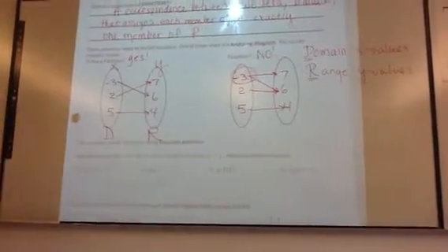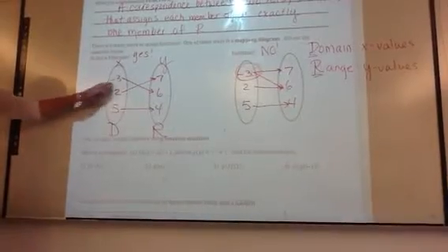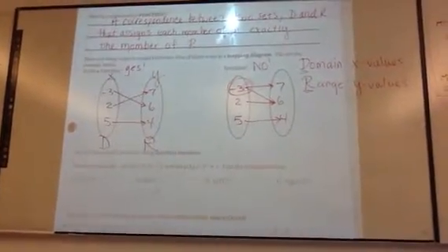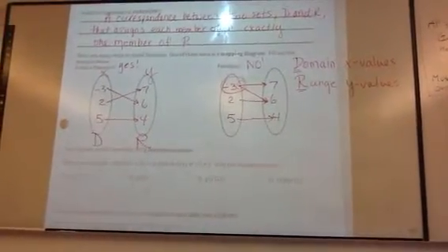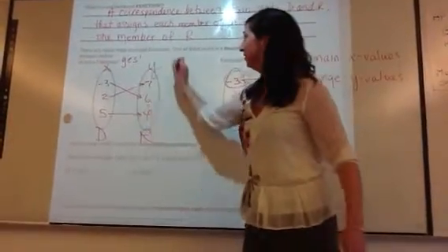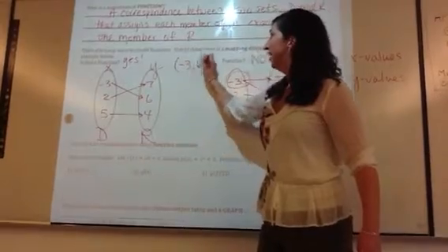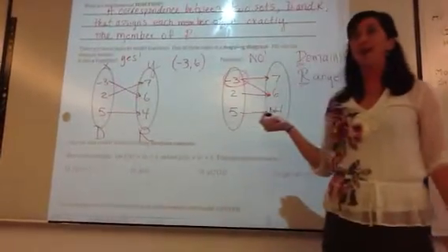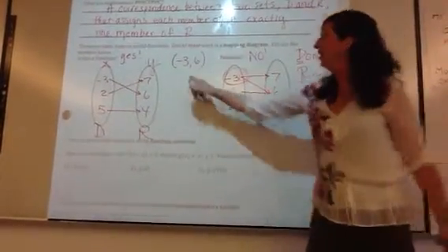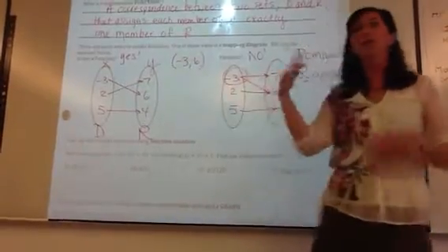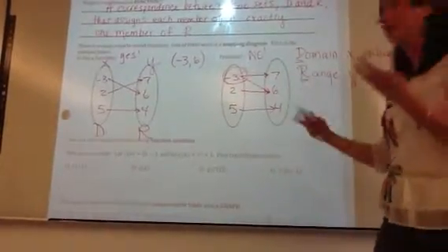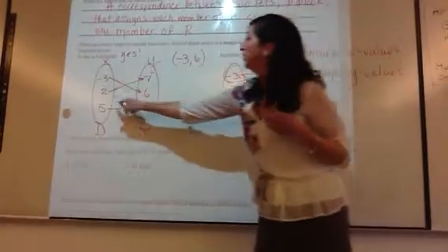By the way, these input and output values are the same exact thing as what you guys learned in graphing. By the way, -3 to 6 is just a coordinate pair. It's the same idea. Input, output. Functions are just a fancy way to kind of call this out. Negative 3, 6. What would this coordinate be, Erin?